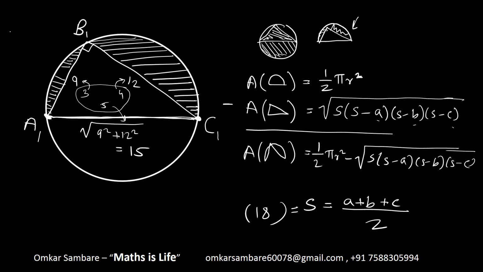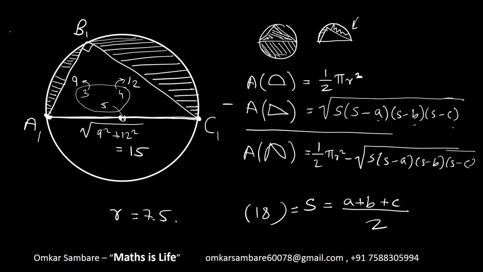Or you can say it in reverse way also. If we draw a right angle triangle inside a circle, then A1C1, the longer side, the hypotenuse, will be the diameter, which means A1C1 is the diameter and it is 15. So radius will be half of the diameter, that is 7.5. So here the radius, that is R, is 7.5.